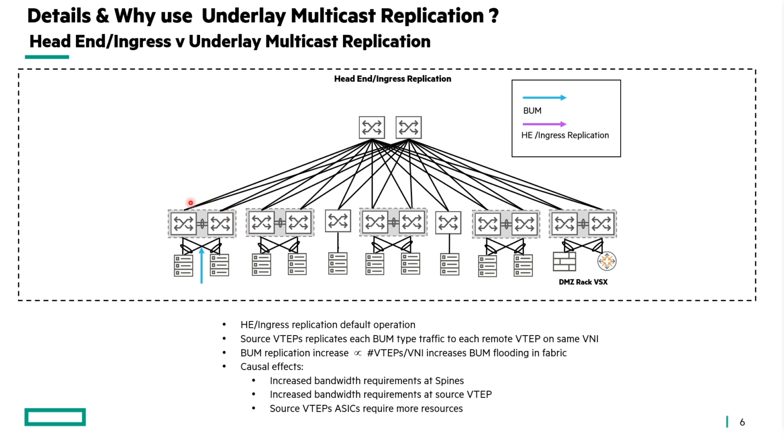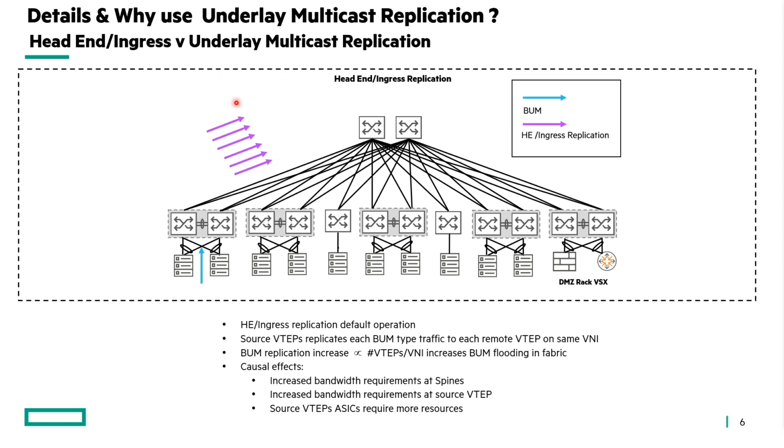For example, with ingress replication here, looking on the far left of the topology, with an ingress BUM packet, the source IP, which equates to the source VTEP, when having this BUM packet, needs to resolve destination IPs, and thus the destination VTEP VNI for each possible endpoint the inner BUM packet is sent.